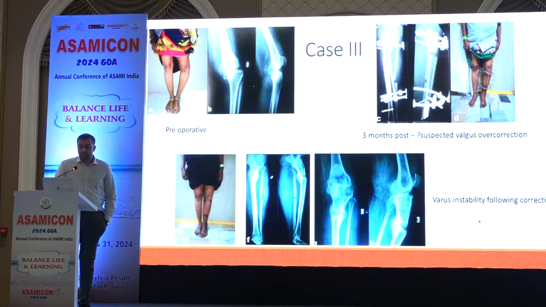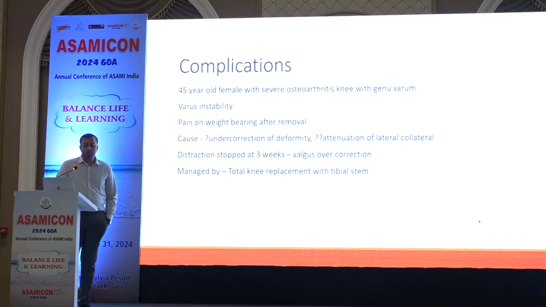This case is a 45-year-old female. She had severe osteoarthritis of the knee with genu varum. In this case, initially we tried distracting, but after 20 days we had to stop distraction because we suspected overcorrection of the valgus deformity. This case developed a hypertrophic non-union, which we'll discuss now.